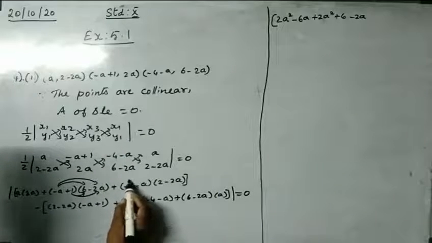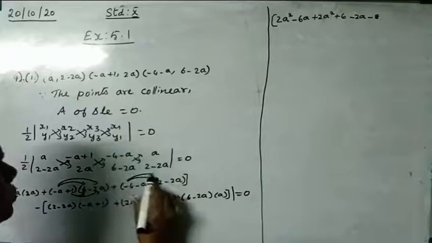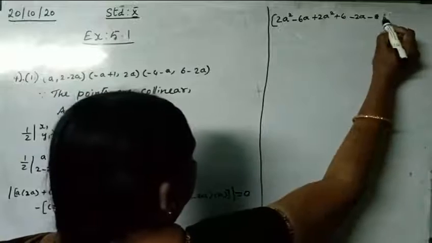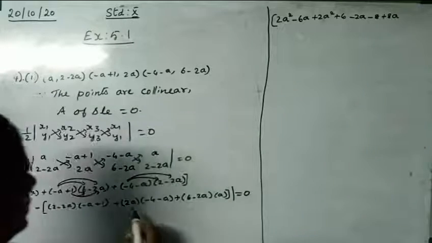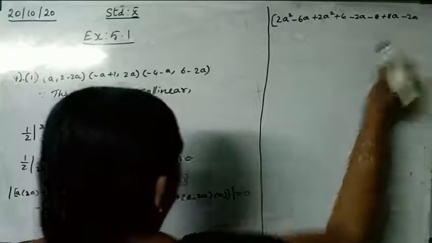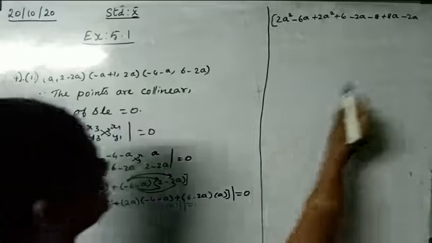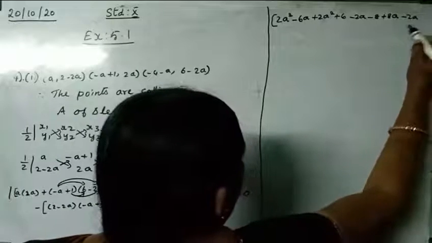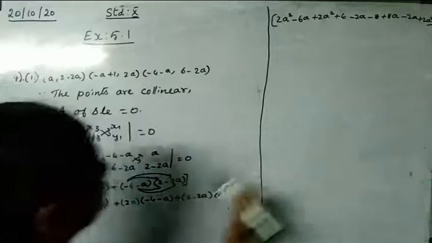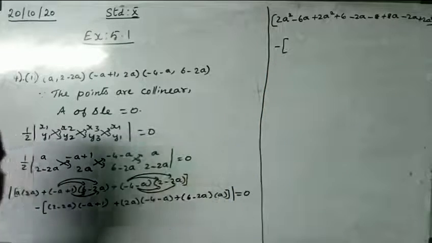The same way, minus 4 into 2 is minus 8. Minus 4 into minus 2a is minus minus plus, 4 2s are 8, plus 8a. Minus a into 2 is minus 2a. Minus a into minus 2a is plus 2a square. So one subdivision over and then put minus and take the next subdivision.